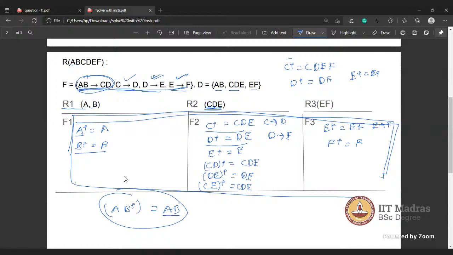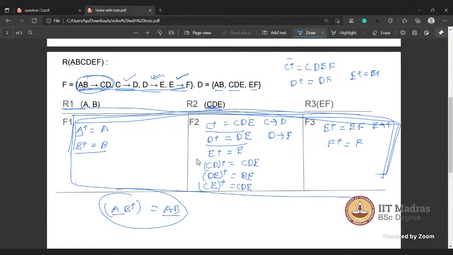Sir, we are taking the union of all F1, F2, and F3, right? Then we can write AB plus as ABCD, right? Yes, but with the help of this closure, you have to find the AB closure only with the child tables R1, R2, and R3.